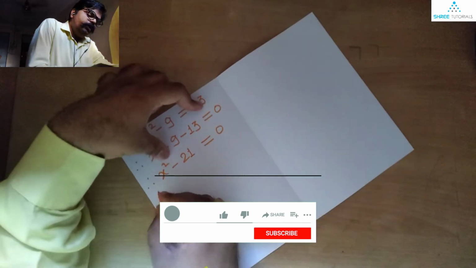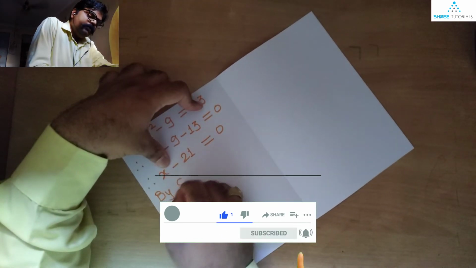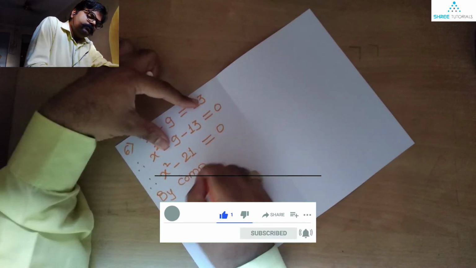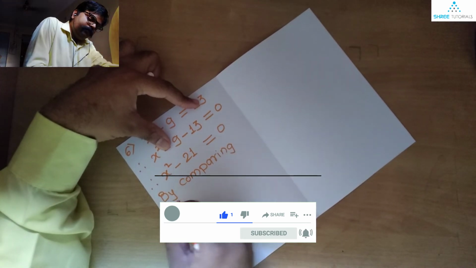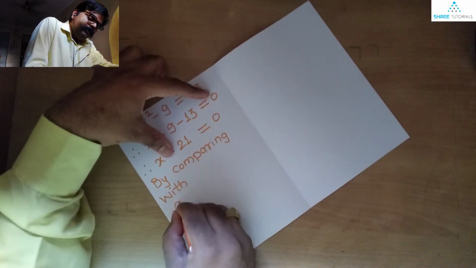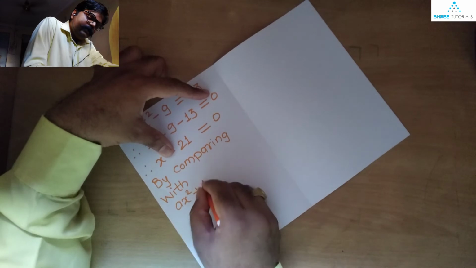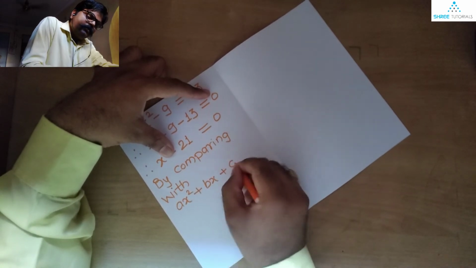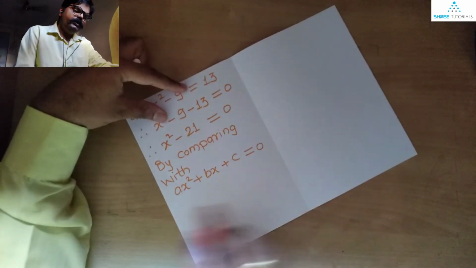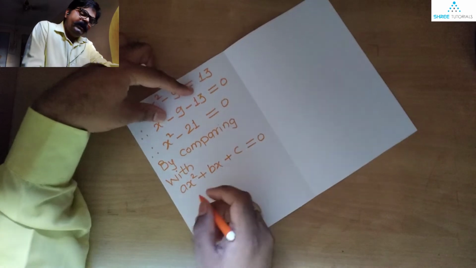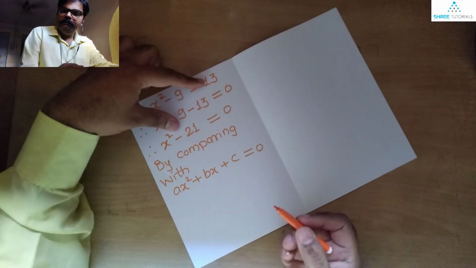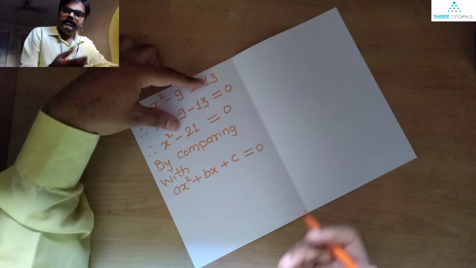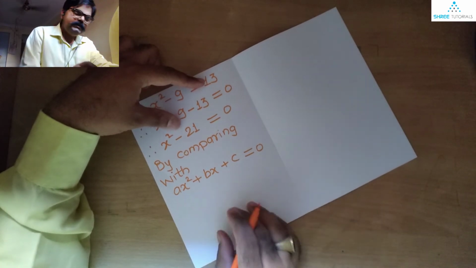If we are going to compare with ax square plus bx plus c is equal to 0, please note, a's value is 1. We cannot see a b over there, therefore directly we are going to put the constant's value b as 0.